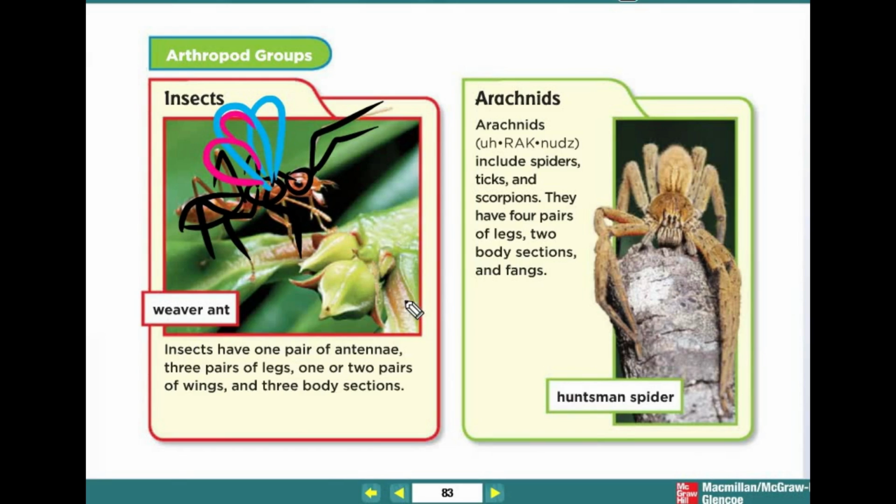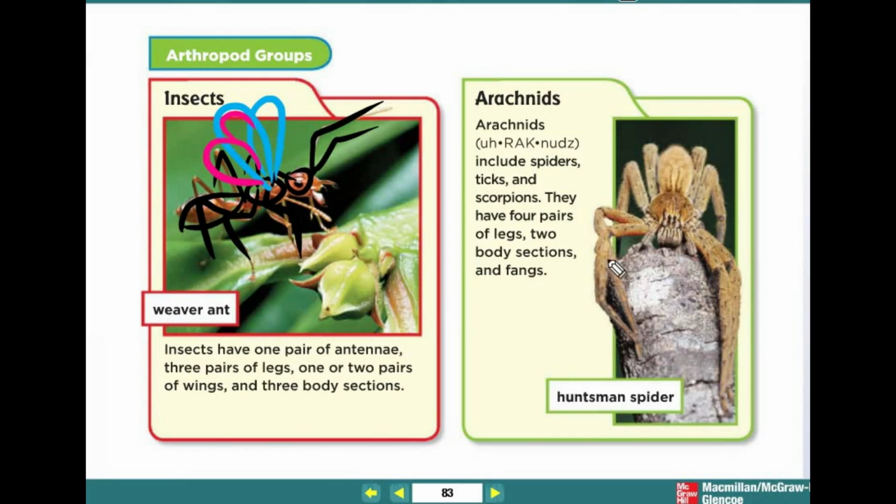So some of them have 2 wings, some have 4 wings, and some are without wings. Again, 3 body sections, 6 legs in pairs, 2 antennae, some have wings, some without wings, like ants, like a lot of insects on the previous page.